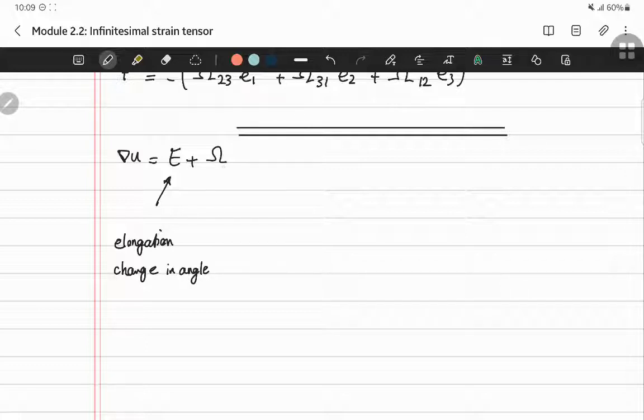Since in omega all the diagonal elements are 0, we only have changing angle or rotation. This is very, very important.